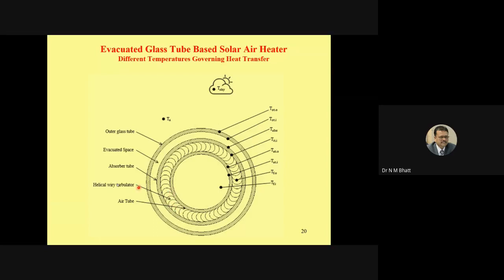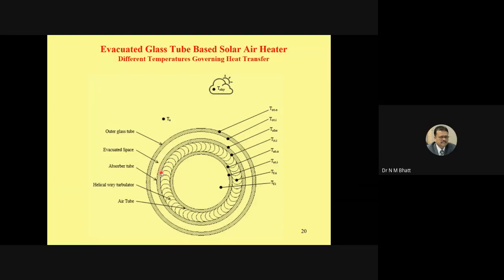So that is nothing but our novelty, for which we have got the patent also, that is helical wiry turbulator. This helical wiry turbulator acts as a fin as well as a turbulator. So it increases the heat transfer coefficient as well as the surface area.